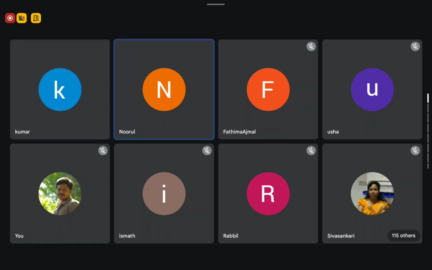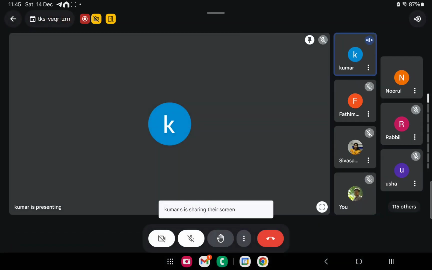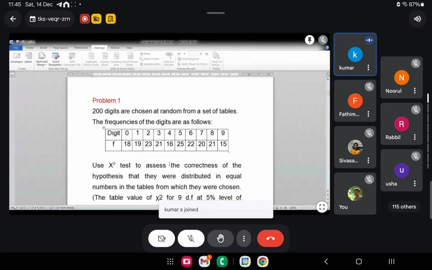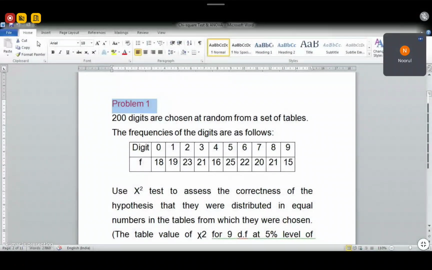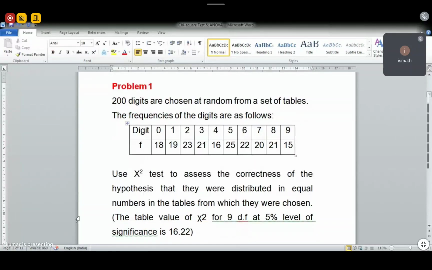That is fixed, always fixed. Either 5% or 1%. So here, medicine is useful with 95% confidence. That means 5% error may arise. That is the meaning of it. Okay.